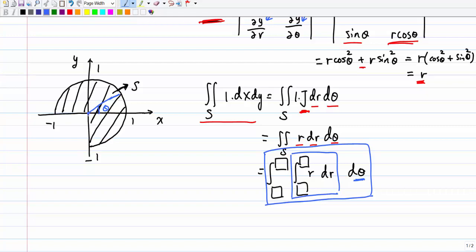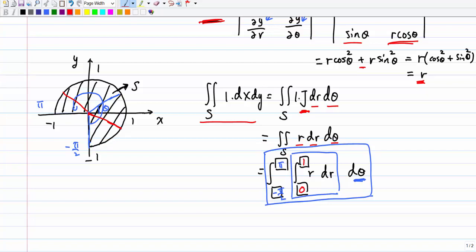The smallest is right here, negative pi over 2, and you go all the way to pi. So the integration is from negative pi over 2 to pi. And for each theta, it doesn't matter which theta you are in, your radius will go from 0 to 1. It's always from 0 to 1.